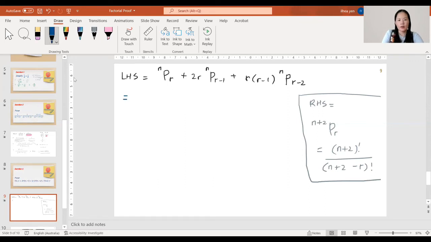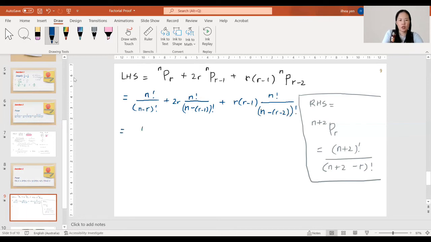So the left-hand side is n factorial over n minus r factorial, plus 2r n factorial over n minus r minus 1 factorial, plus r minus 1 n factorial over n minus r minus 2 factorial.